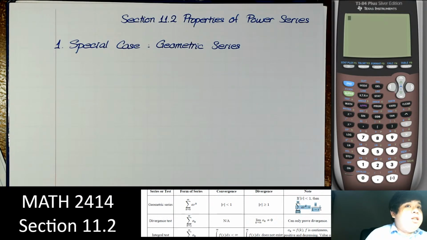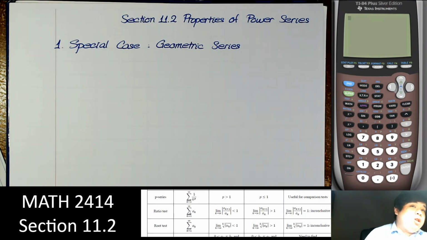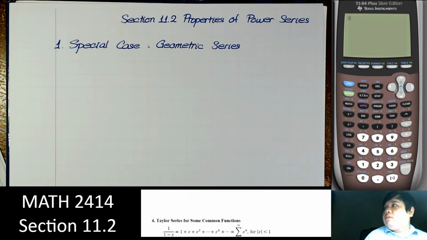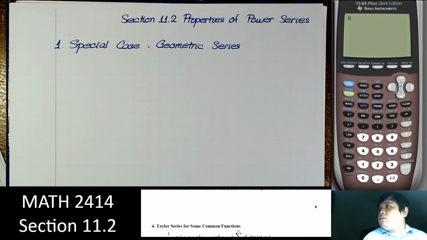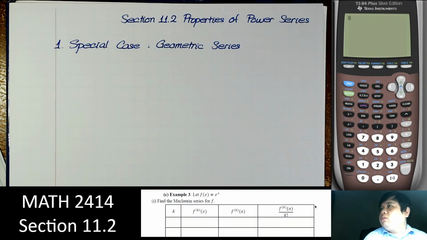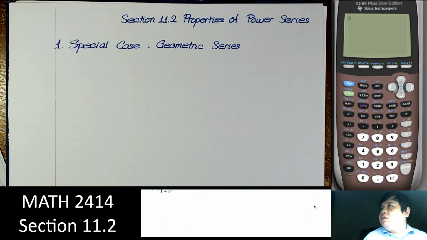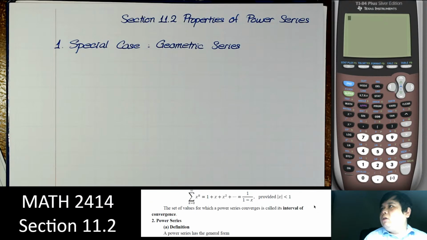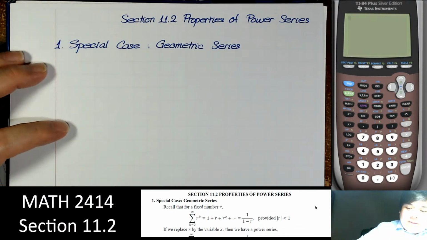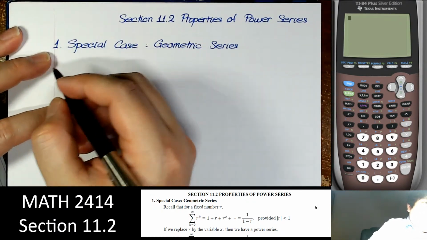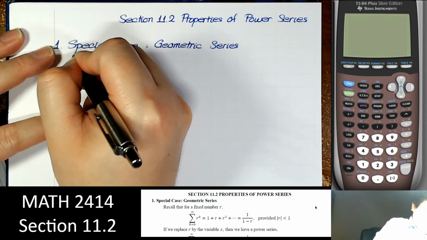For the geometric series we know the sum, so that's why it is special. It has the value of the series.